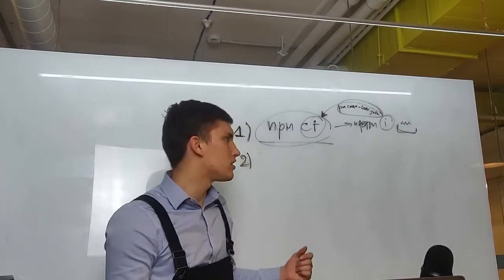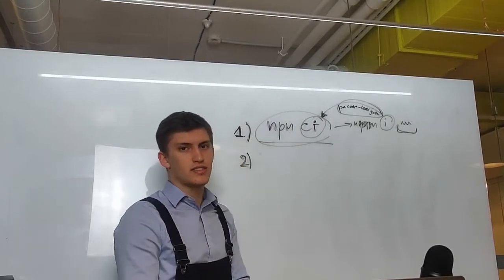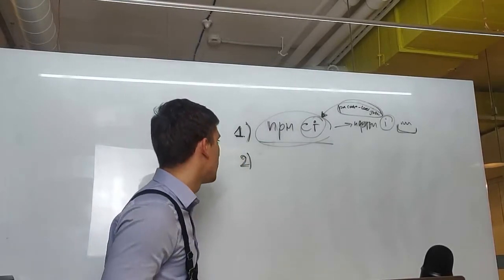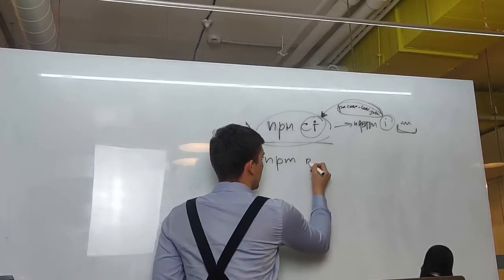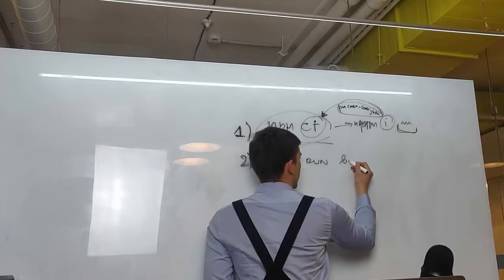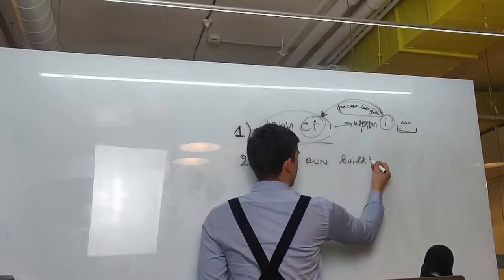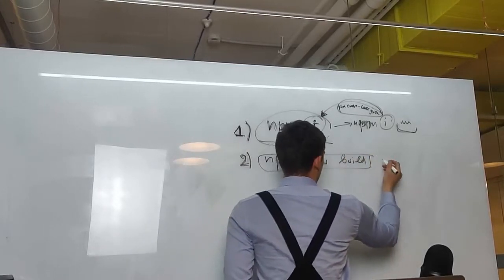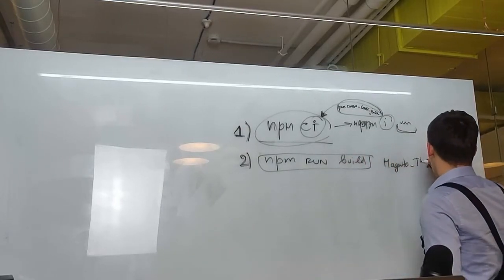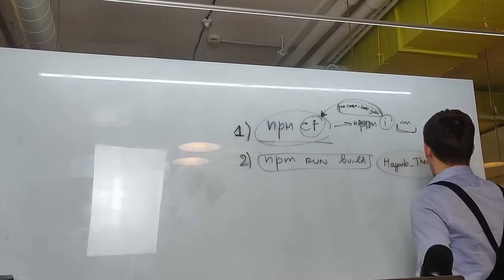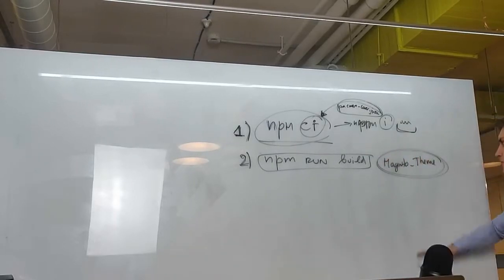So if you are here to compile a theme and test if Magento is able to recognize it, you're running npm run build, and this will build a theme and generate the Magento theme folder, and the Magento theme folder is a clear indication that the theme should be recognized.